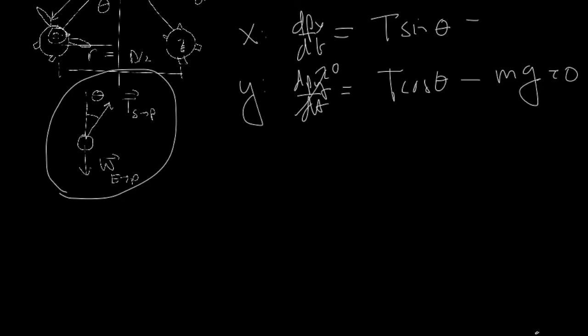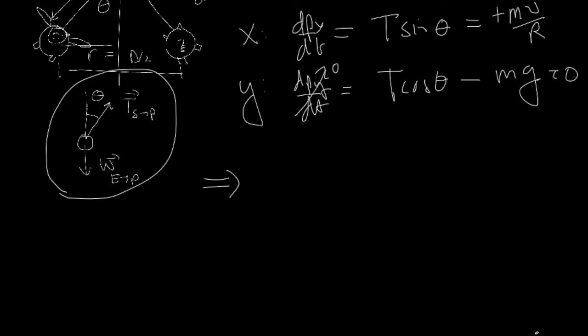So just like we did with the merry-go-round, this is going to end up being mv squared over r, but in this case, because of where we've drawn the diagram and the moment in time we chose, that's going to be a positive mv squared over r. So really I end up with two equations.